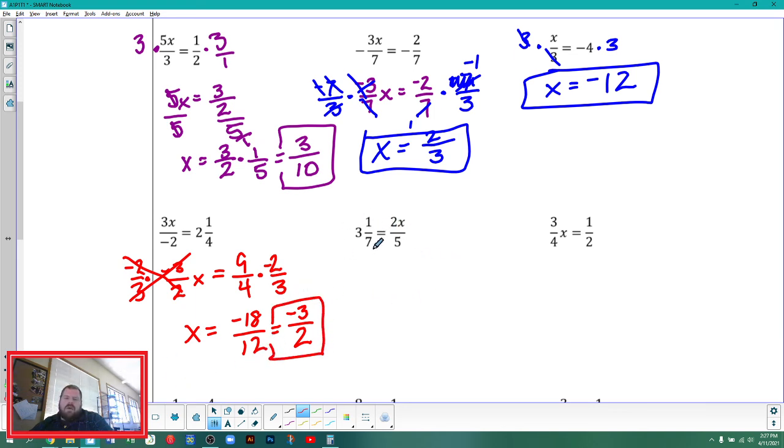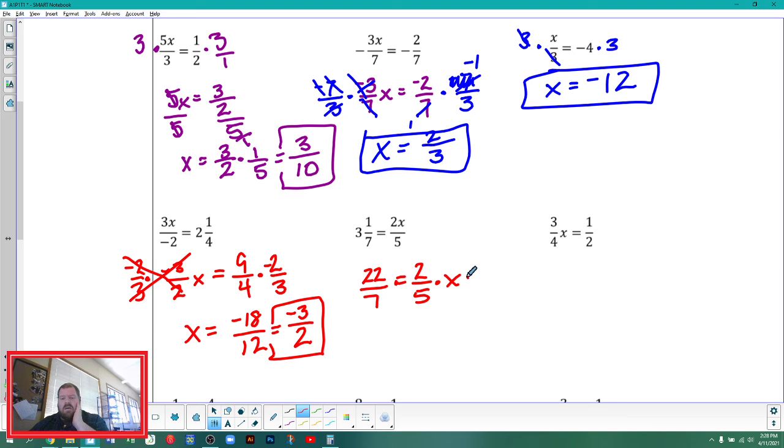Okay, let me rewrite this one as well. I have 7 times 3 is 21, plus 1 is 22. So I have 22 sevenths equals, I'm going to rewrite this as 2 over 5 times x. Sorry about that.